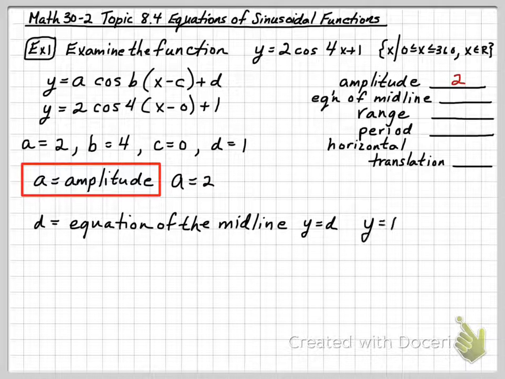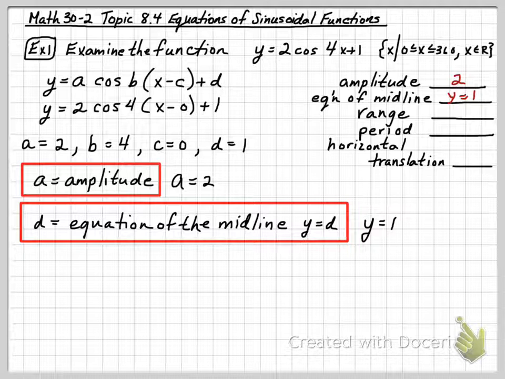D is going to be the equation of the midline, y equals d. And here we have y equals 1. So the middle of our graph is going to be at 1. The amplitude is 2.